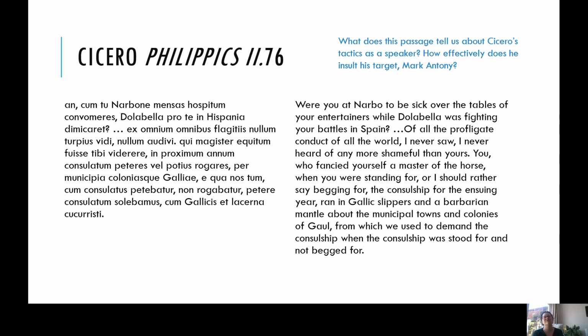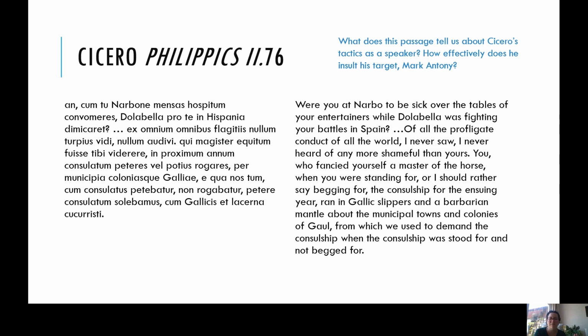And then we have this incredibly scathing idea, ex omnibus flagitiis. We've got lots of hyperbole here. Of all the profligate conduct in all the world, I never, ever saw anything as bad as you. He's really laying it on thick here. And we also at the end have this idea that he's even questioning Mark Antony's Romanness.